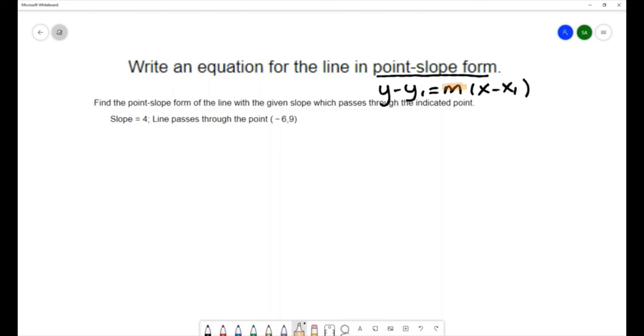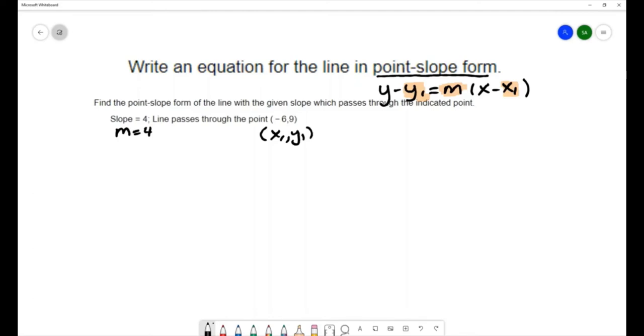M is where we'll put in the slope. And our ordered pair that the line passes through, we'll use x1, y1 for that ordered pair. So m is 4, and the point is x1, y1.